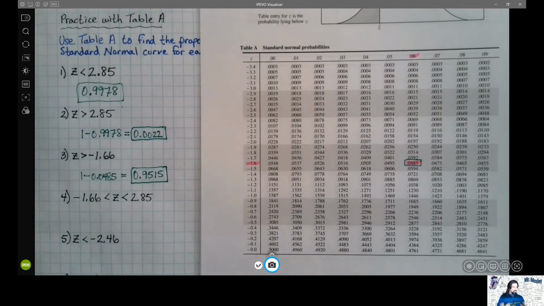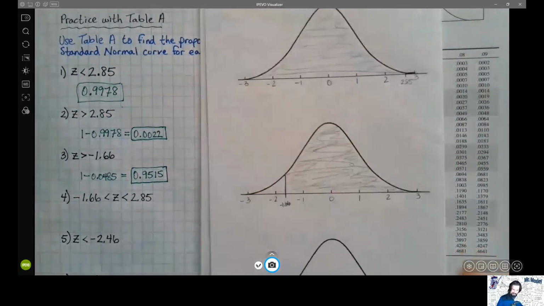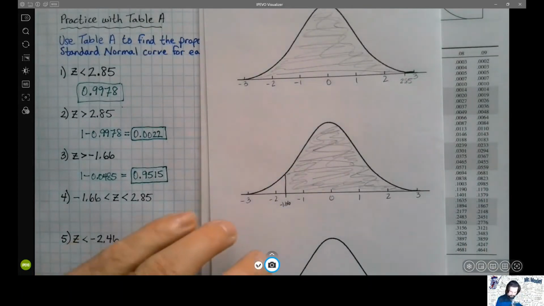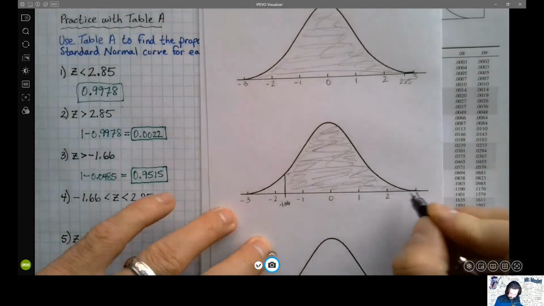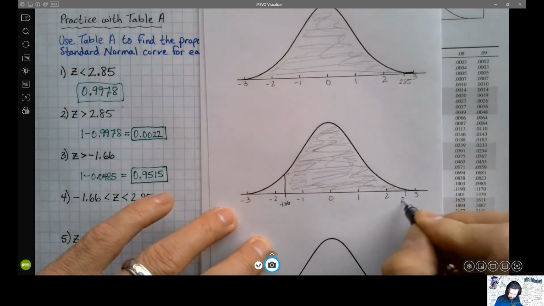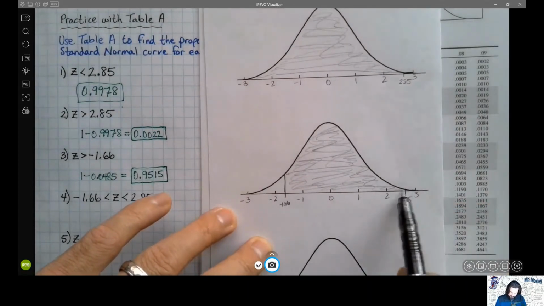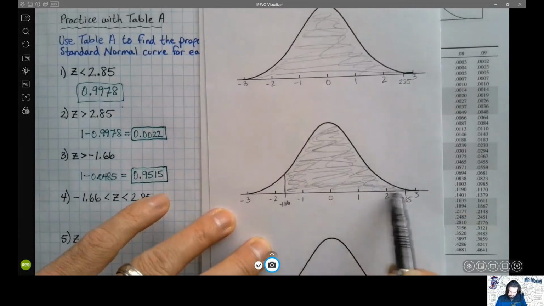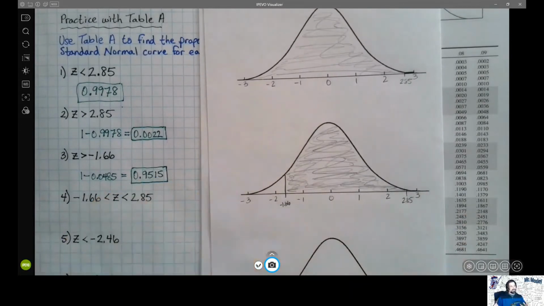Now we're putting more things together. We want a z of greater than negative 1.66, the number we found here, but less than 2.85. So now we're combining these guys. We get our 2.85 somewhere over here, and we want everything in between these two values that we've already found.